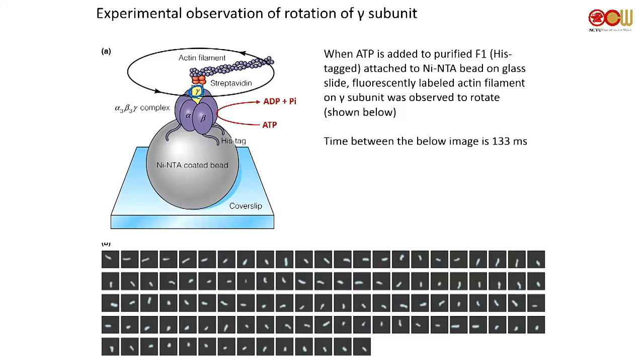If you do an in vitro study on it, what people have done is show the rotation of the gamma subunit. You can purify the alpha beta dimer and have them attached to a nickel NTA bead. This is using the His tag.